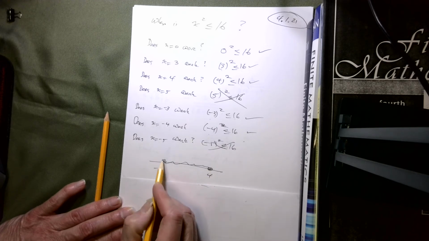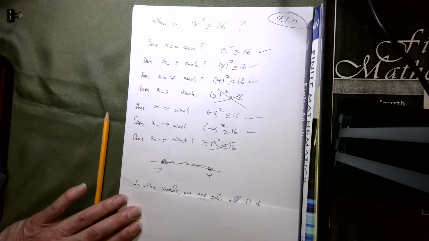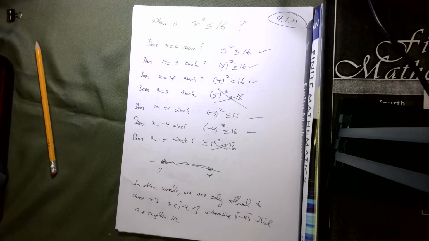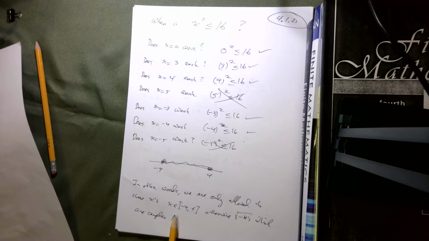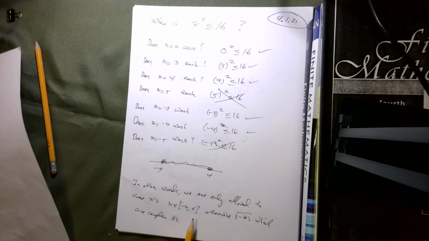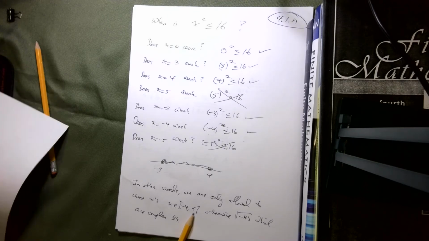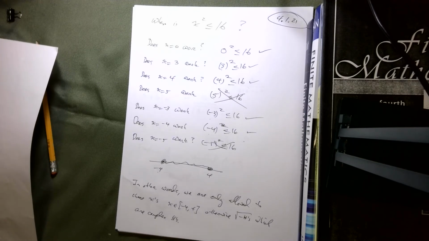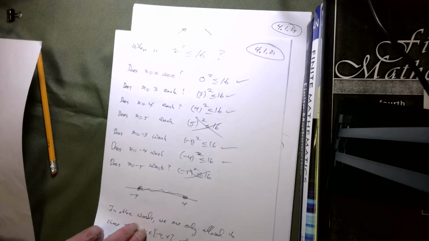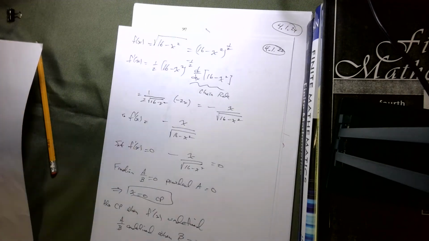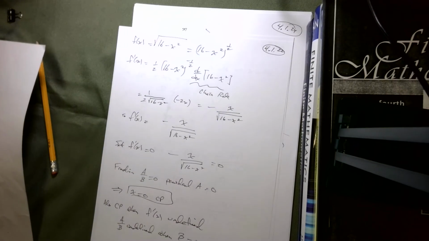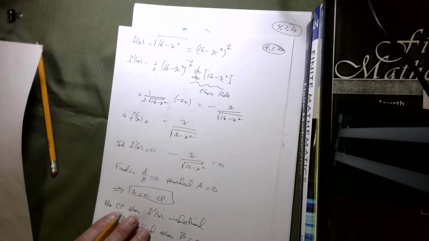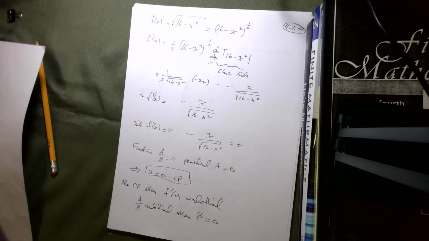And notice that I filled those dots in. So in other words, we are only allowed to look at x's in the interval from negative 4 to 4. And in this situation, we can use the negative 4 and the 4. Otherwise, if we try to go outside of that interval, we're going to end up taking the square root of a negative number, which means we have complex numbers.